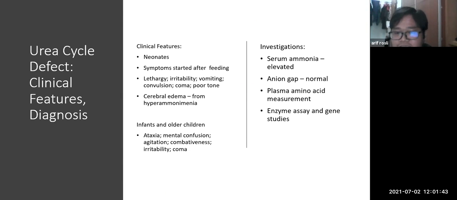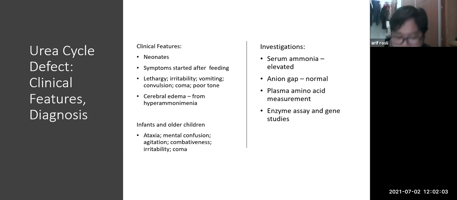For investigation, we identify them by elevated ammonia level and normal anion gap, plasma amino acid measurement, then an enzyme assay to identify which level of urea cycle defect it is, and also gene study.